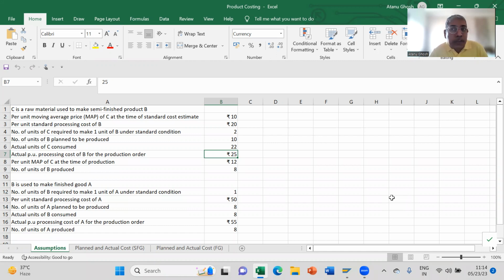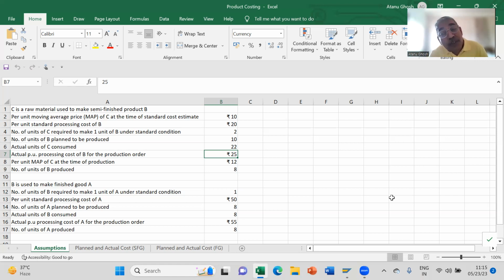Now, this actual processing cost was for not 8 units of B produced, but all the 10 units of B produced. Because understand this, that we have done the process, the labor has worked, the machine has worked to make 10 units of B. But in the end, instead of producing 10 units of B, 2 units got rejected.